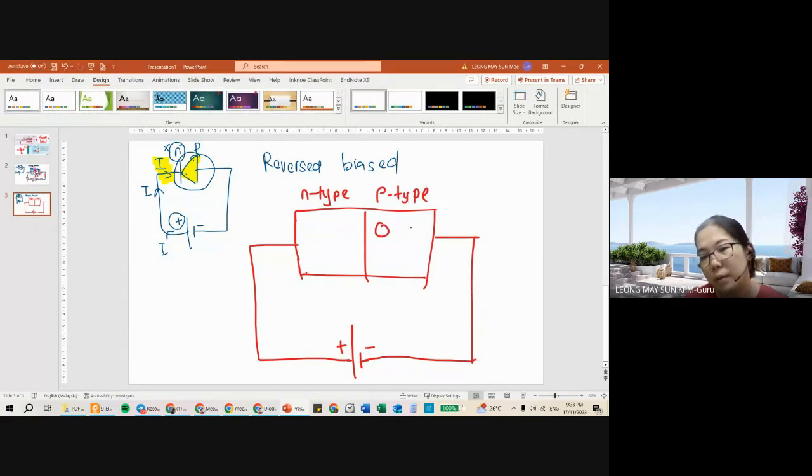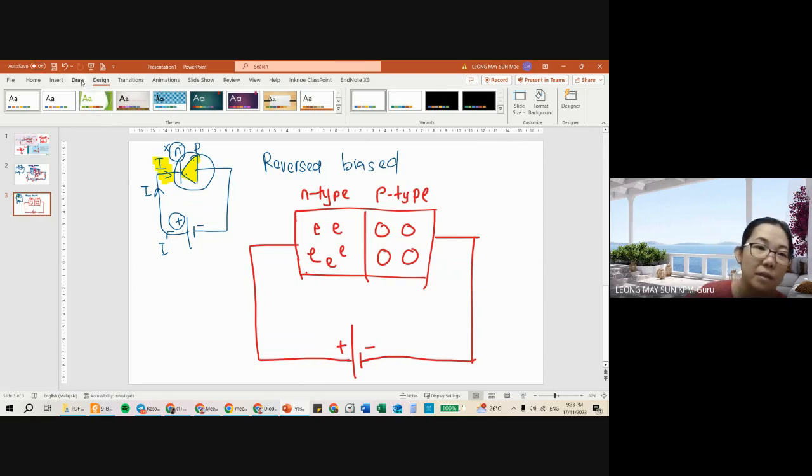Now we know that the P-type has holes, and the N-type has electrons. Remember from my explanation of the forward bias, the electrons need to pass through the PN junction, the boundary between here.